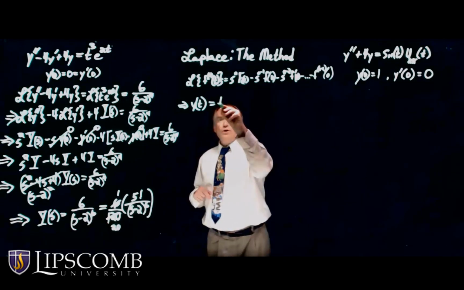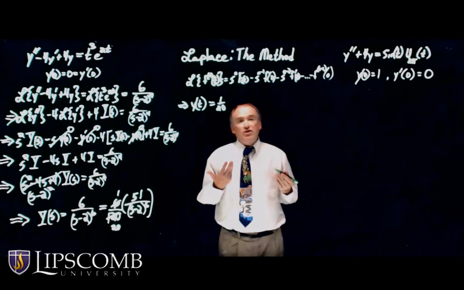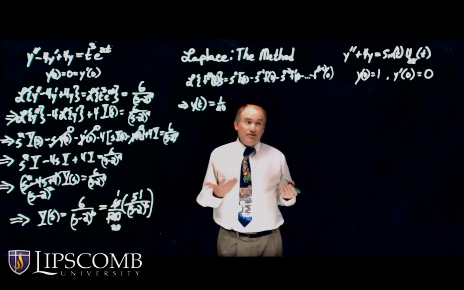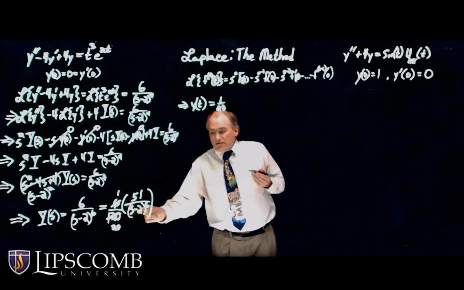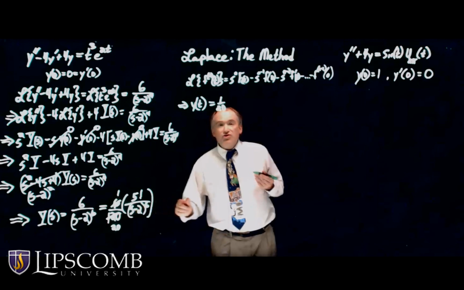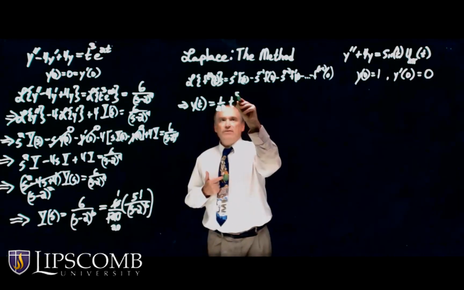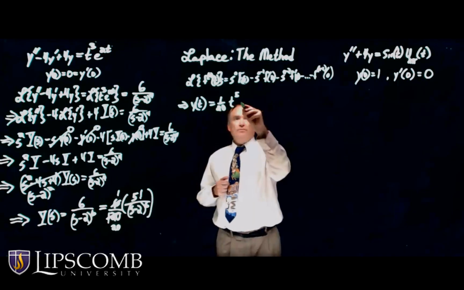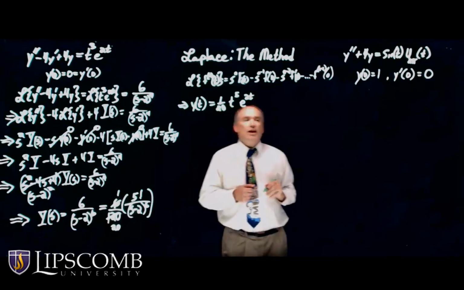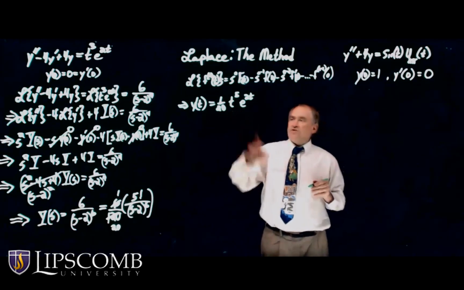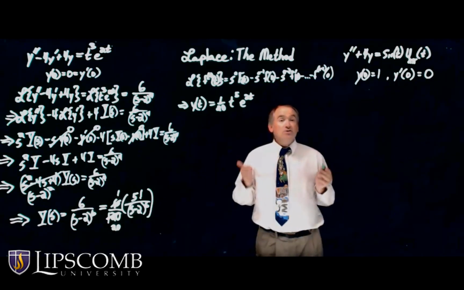So it's 1 over 20. 5 factorial over s to the 6, again, is what? Yes, that's t to the 5th. But I've got this shift here, s minus 2 instead of s. So it's t to the 5th, but it's shifted. So first shifting theorem, that would be e to the 2t. So there's my final answer, 1 over 20 times t to the 5th times e to the 2t.